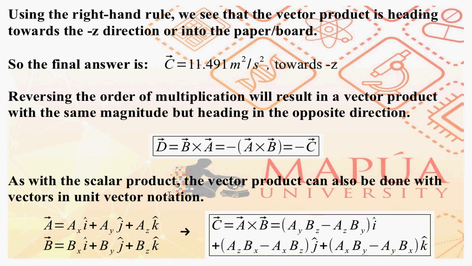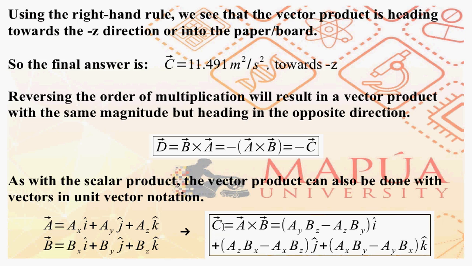As with the scalar product, we can also use the vector product with vectors that are in unit vector notation. So again, we have A equal to AX i hat plus AY j hat plus AZ k hat. Vector B is equal to BX i hat plus BY j hat plus BZ k hat. If you now get A cross B, you get vector C, the vector product.